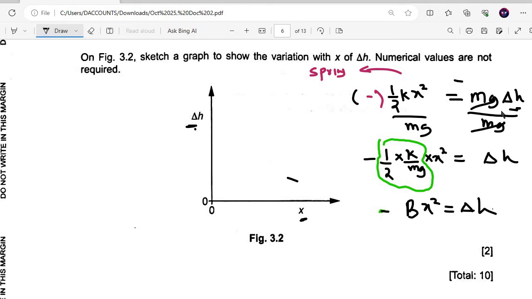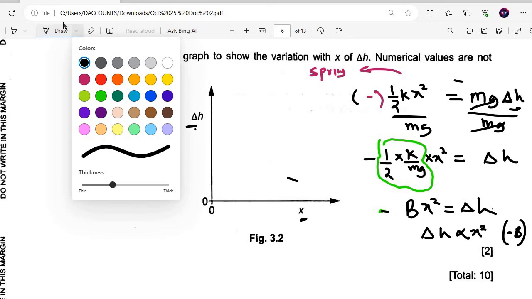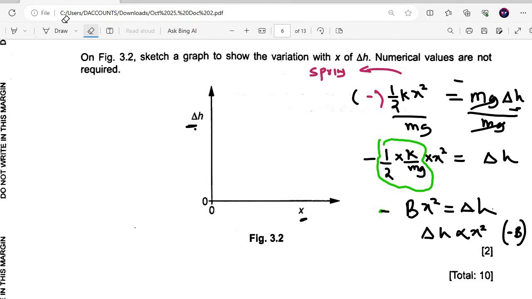So from here, change in height is proportional to x squared, and the gradient is minus b, which is decreasing.